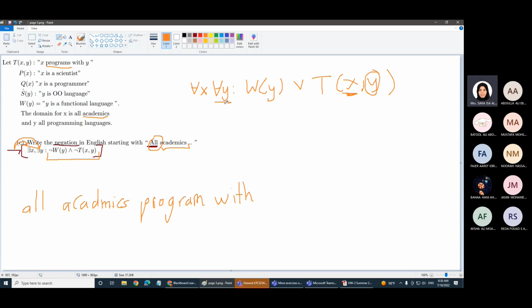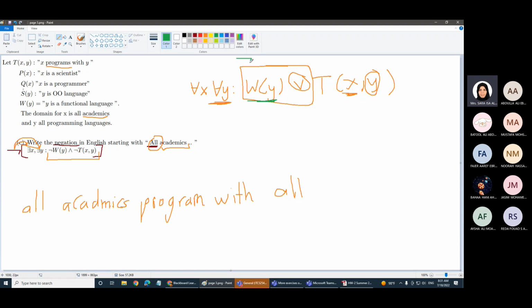Y is coming with again universal quantifier. Okay, so can I use this as an adjective technique? Can I use WY as an adjective؟ يعني أقدر أقول له all functional languages? No, I cannot. ليش؟ لأنها or مو implies. So to use it as an adjective WY استخدمها adjective لازم تكون في implies.